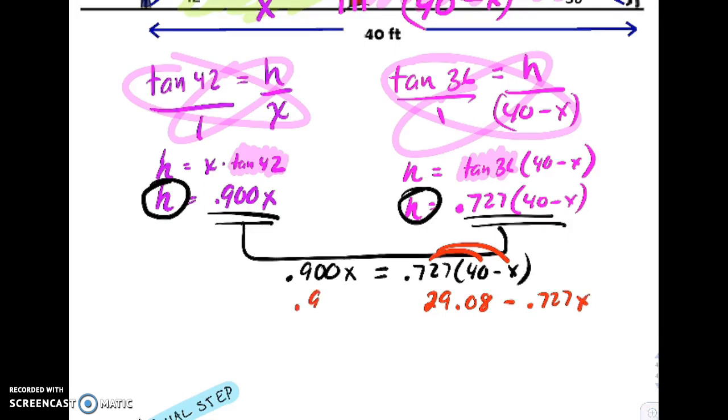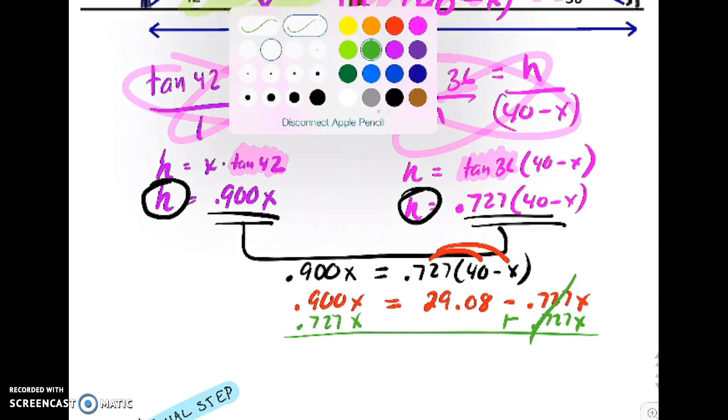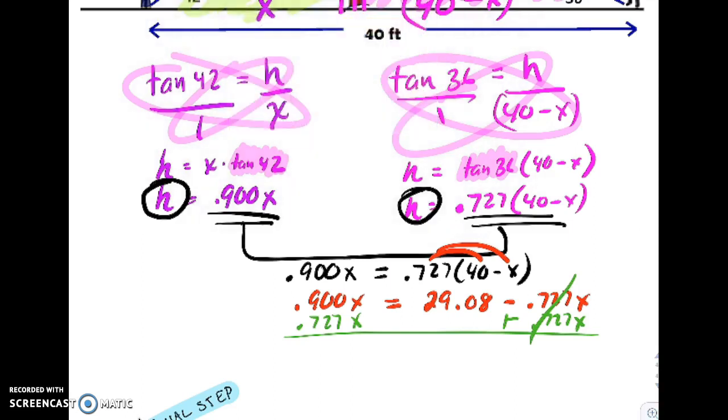That's distributed. Rewrite the left side. And now I'm going to add 0.727x to both sides. Just regular simple algebra, but with longer decimals, making it look trickier, but it's really not.